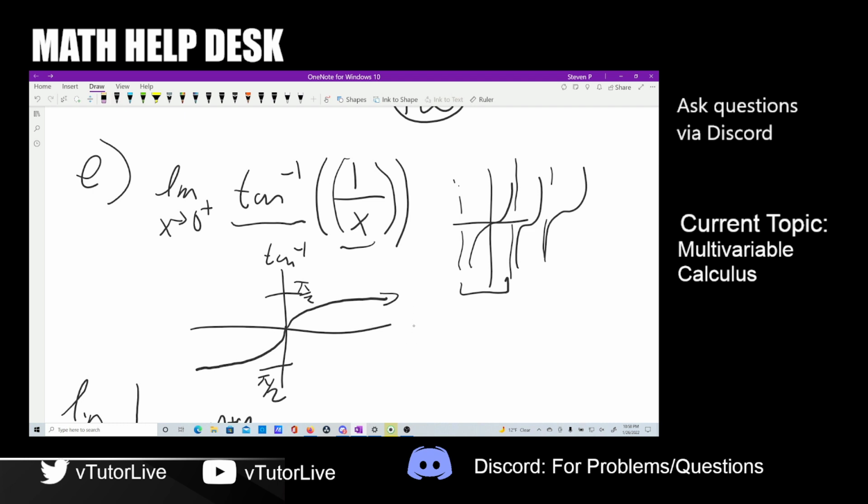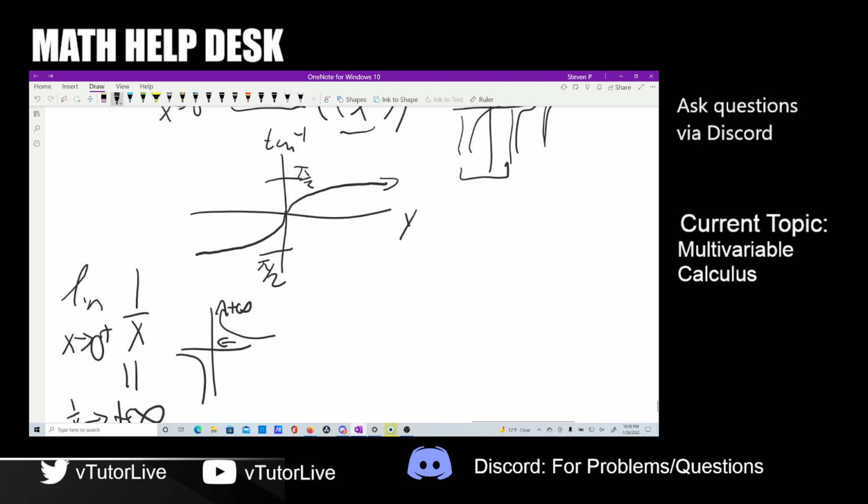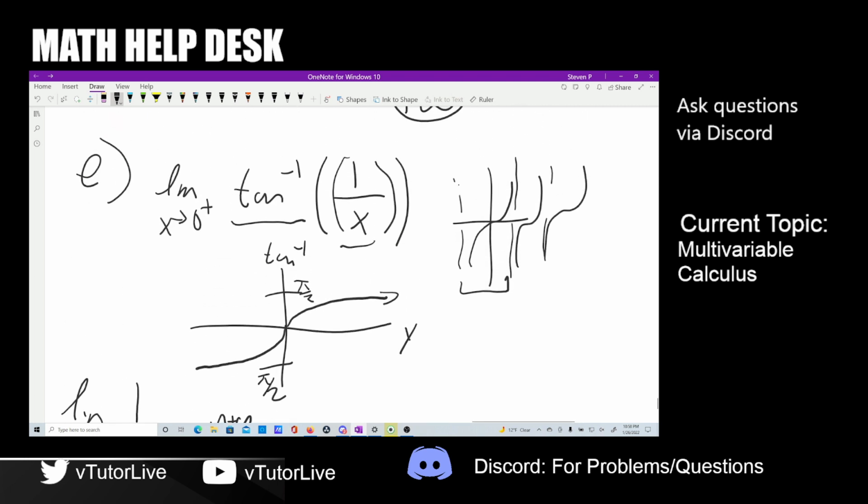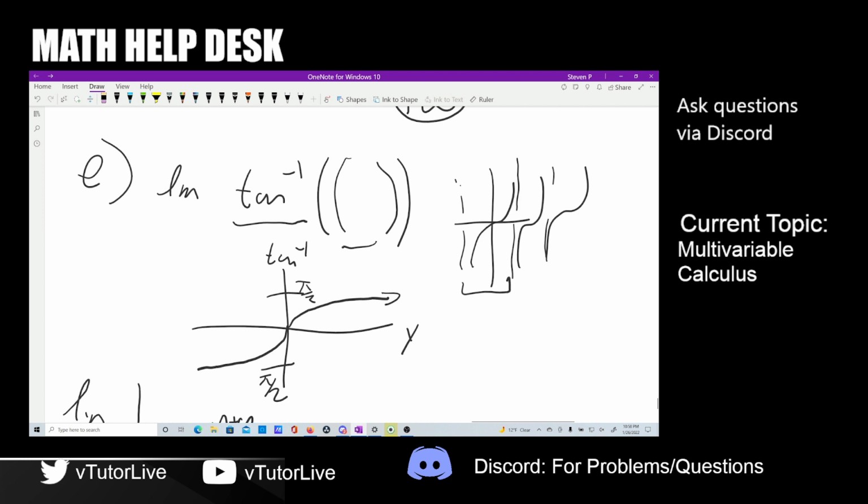So, you know what? Maybe I should call this y instead. I'm renaming it, right? So let y be defined as 1 over x, and they're both going towards positive infinity. So then the limit as x goes to 0 of 1 over x is the same thing as the limit as y goes to infinity of y.